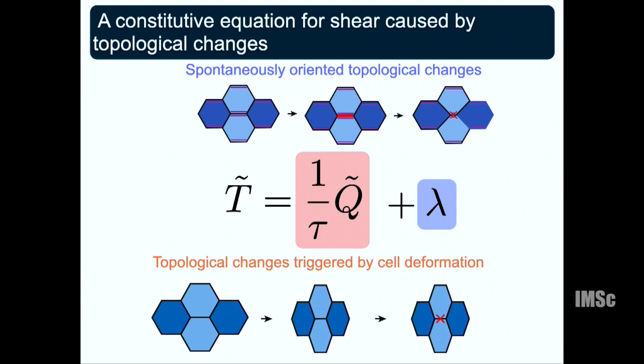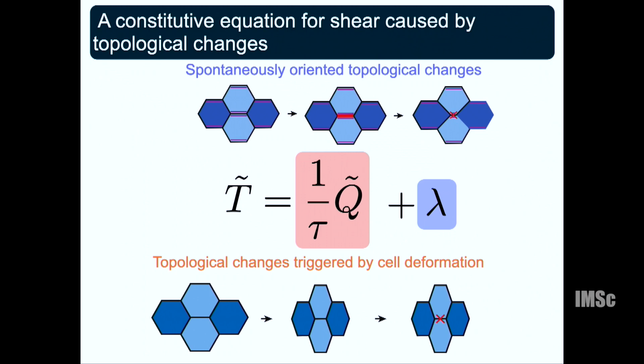I know that the cell will have an actomyosin cortex, and if there is anisotropic distribution of proteins inside the cell, I can think of a scenario where this bond here contracts faster, and because of this contraction, these two cells come close to each other. So this can also contribute to a T1 transition, or the shear caused by the T1 transition.